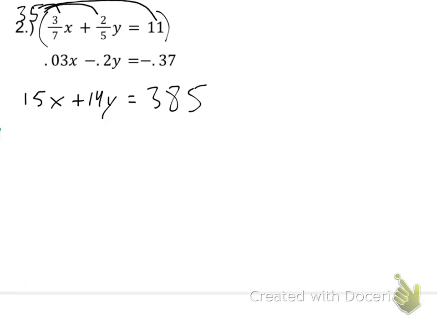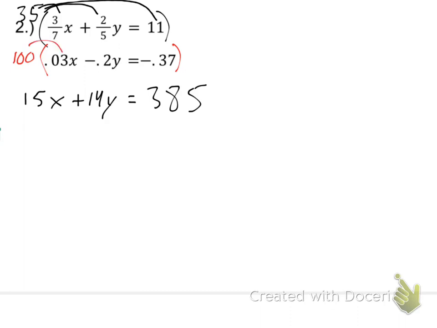How many decimal places are the most used in our problem? It's 2. I got 0.03 and negative 0.37. I need to move it twice. The 0.2 will go along for the ride then. So I can multiply this equation by 100.